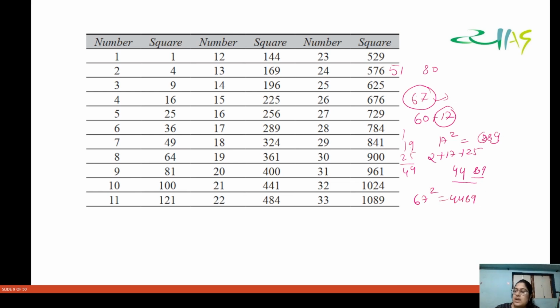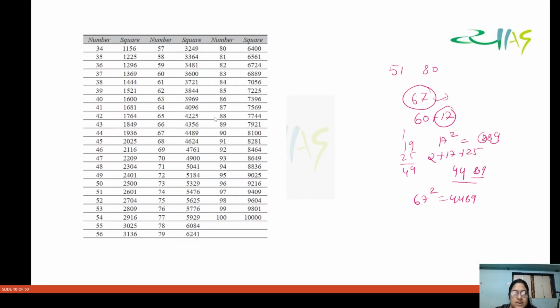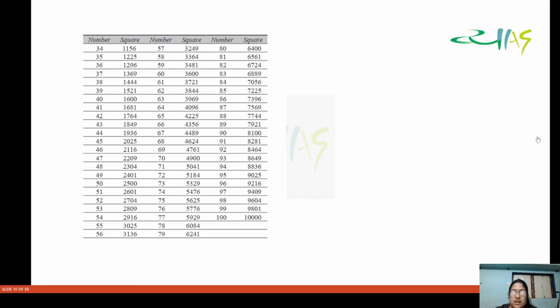Too easy to do by this method if we remember these principles. So 67 square is 4489. We successfully learned the method to take out the square of 51 to 80. What are we going to do? First, we will write the number in the form 50 plus x.